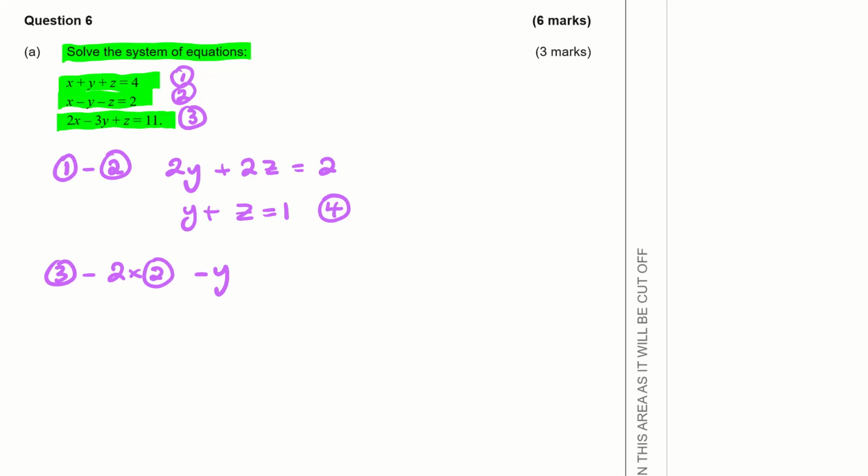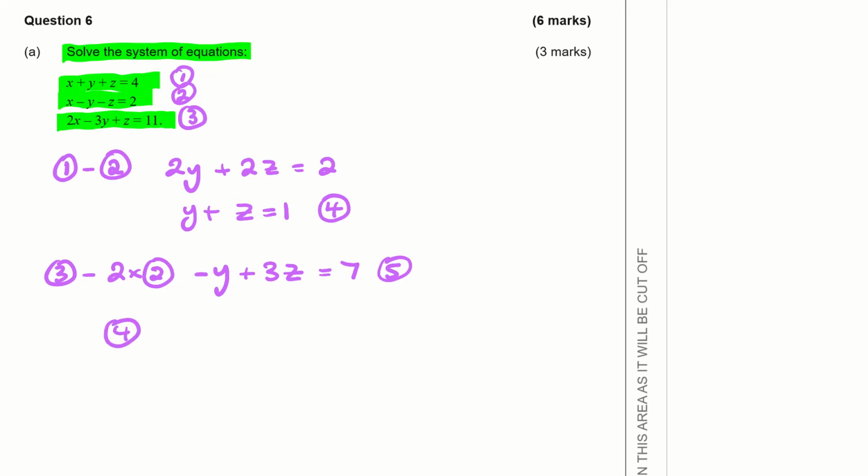And then we're going to have a z take away negative 2z, so that's going to end up being plus 3z's, and that is going to be equal to 11 take away 4, which is 7. Let's call that equation 5.